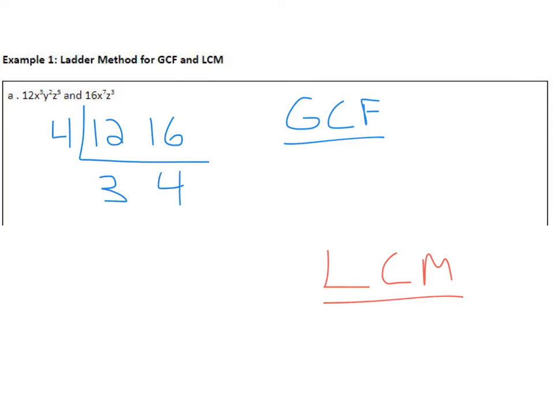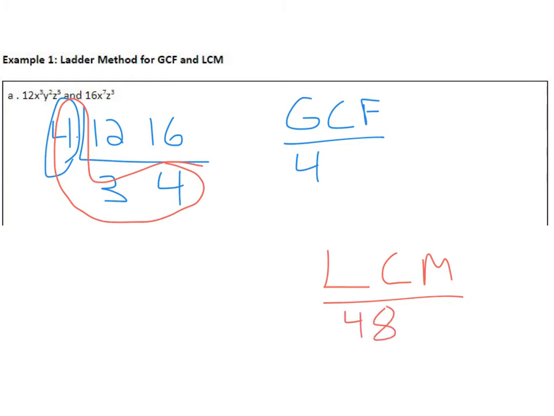Just like yesterday, 4 is our GCF, and our least common multiple is everything around the outside, so that is going to be 48. The key now is to take a look at our variables. This is going to be the new part.